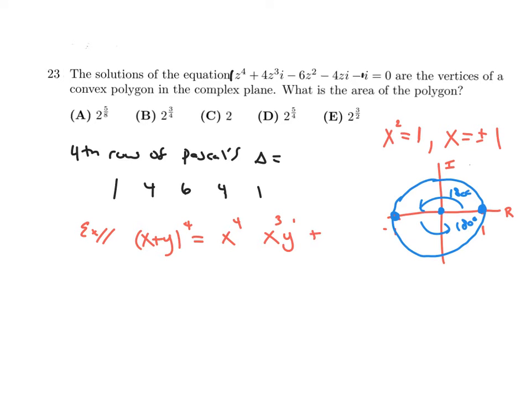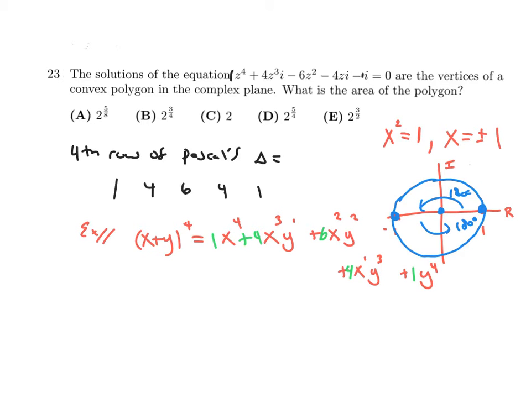The next term would include x squared y squared. The next would be x to the 1 y cubed, plus x to the 0, which is 1, y to the fourth, and then you stick in the coefficients 1, 4, 6, 4, 1, and you've successfully expanded it.